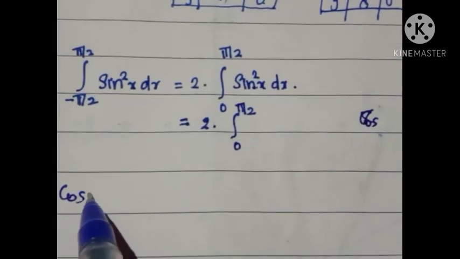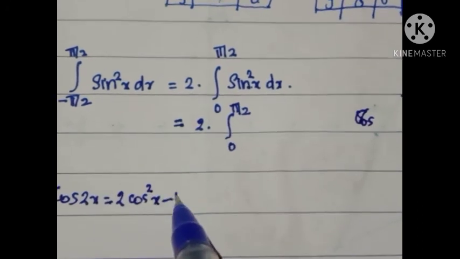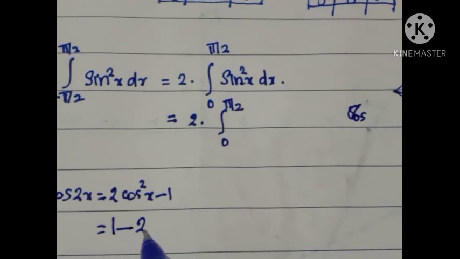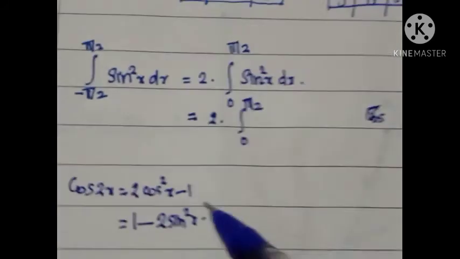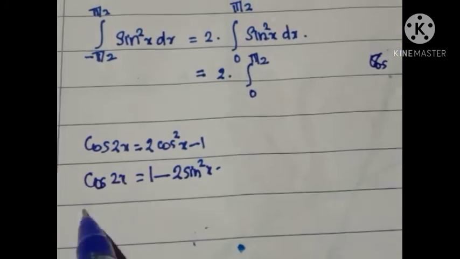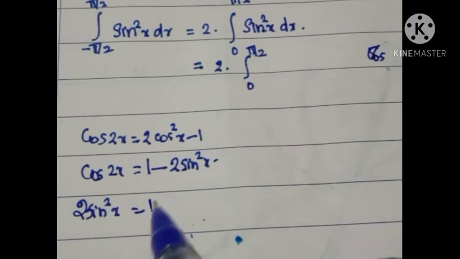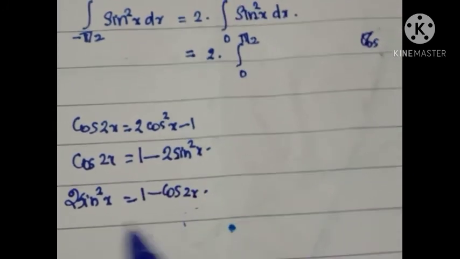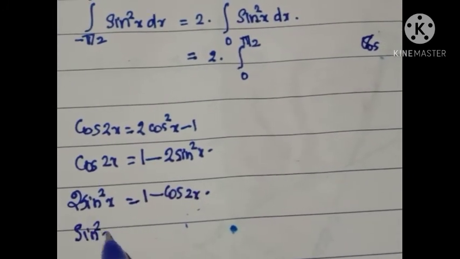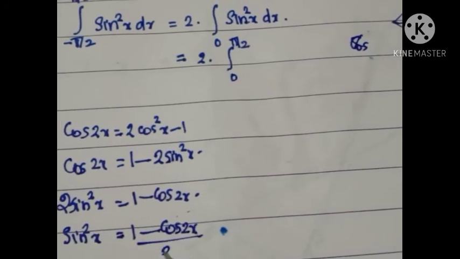Cos 2x equal to 2 cos square x minus 1 or 1 minus 2 sin square x. So from here, 2 sin square x is equal to 1 minus cos 2x, or sin square x is equal to 1 minus cos 2x by 2.